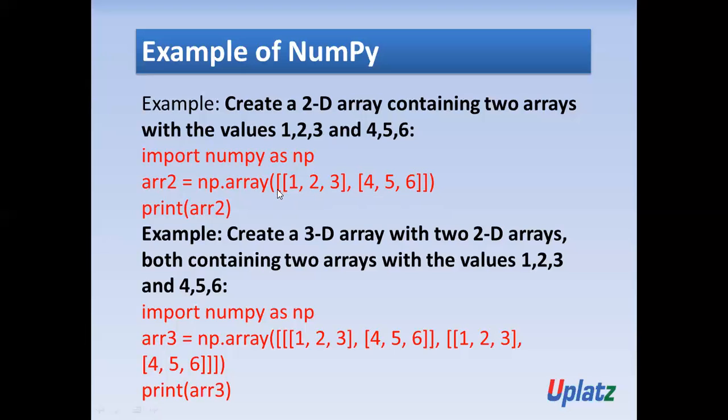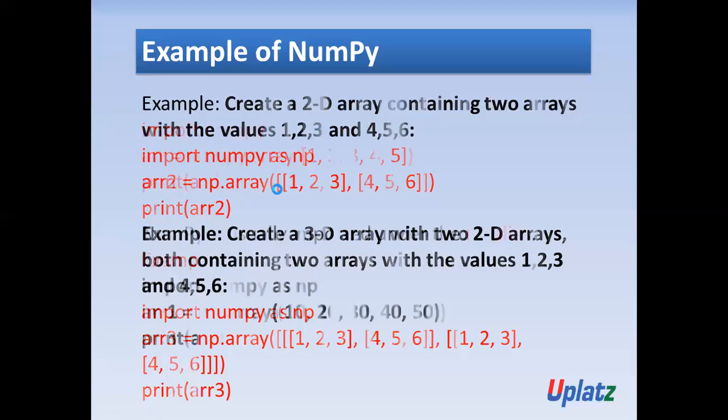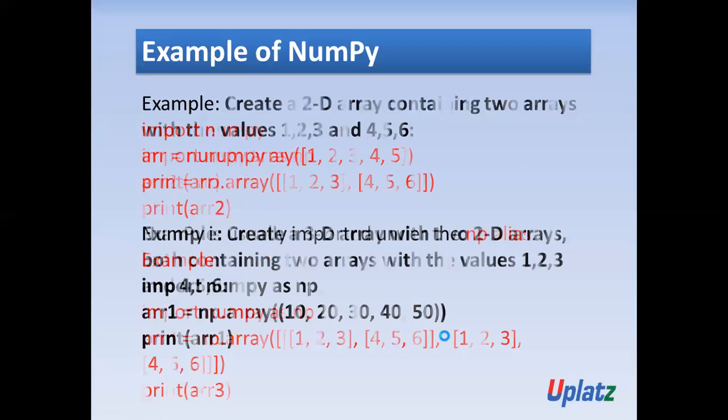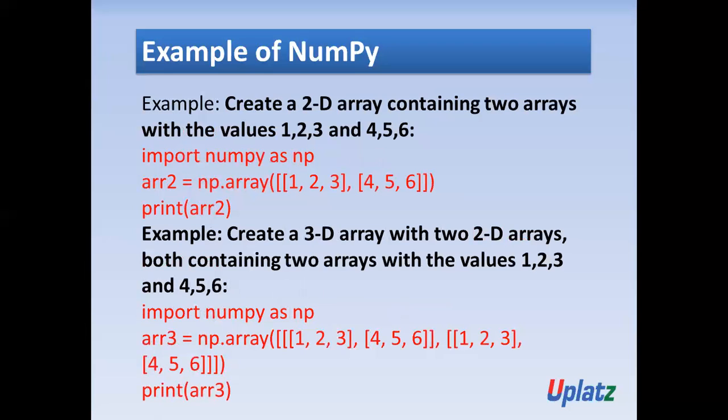Initially, we passed just one list that contained the elements 1, 2, 3, 4, 5. Or you can say initially we passed just one tuple that contained the elements 10, 20, 30, 40, 50. But in order to create a 2D array containing two arrays with the values 1, 2, 3 and 4, 5, 6, you pass two lists with the values 1, 2, 3 and 4, 5, 6.